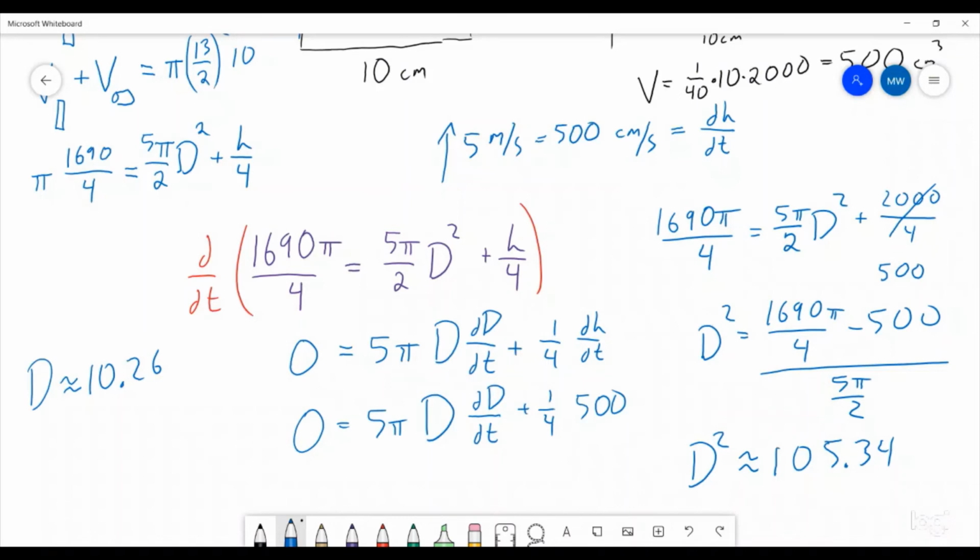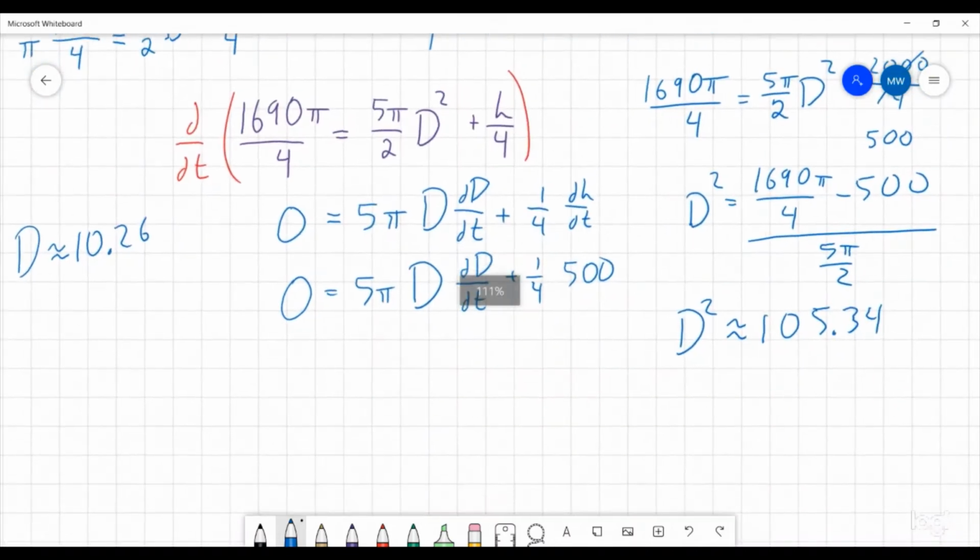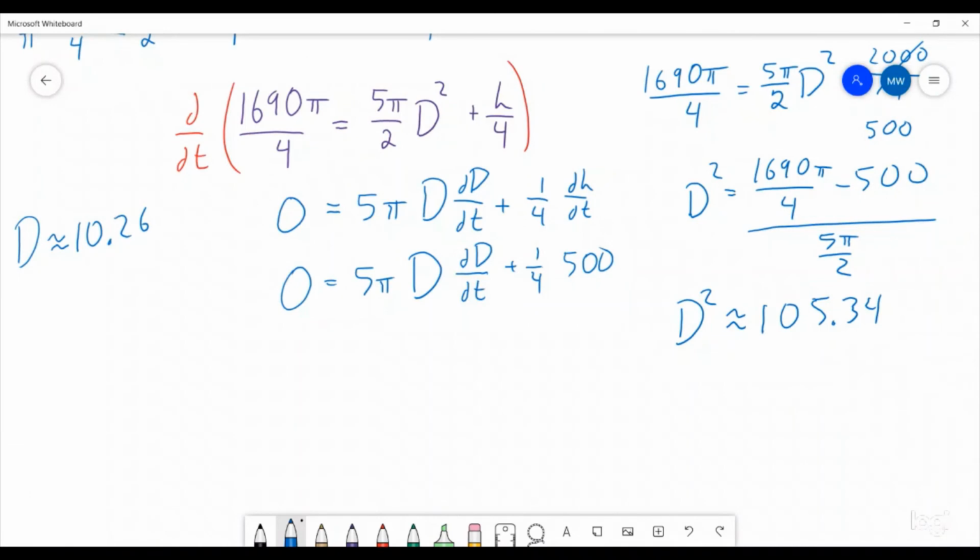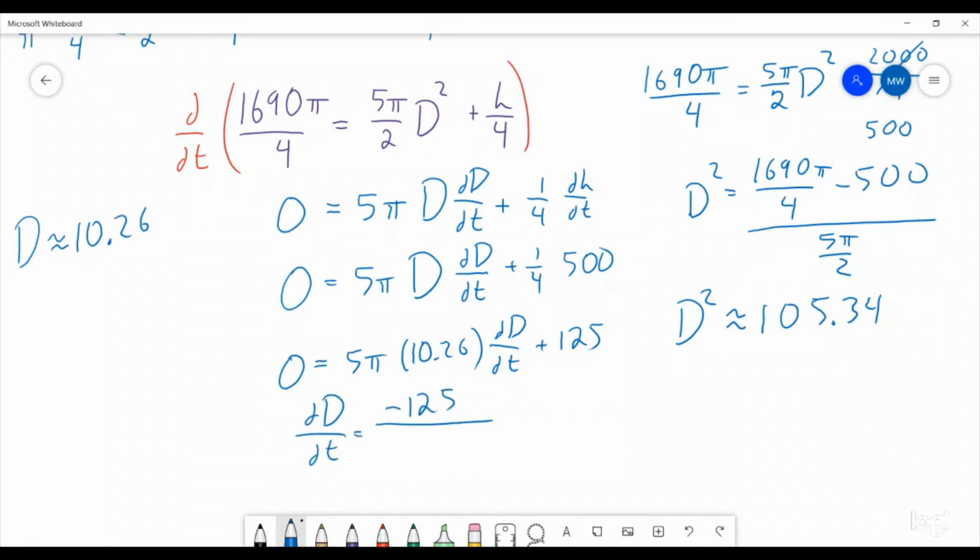So we can take that and plug it in, and we can solve for what dD/dt is. So 0 is equal to 5 pi times 10.26 dD/dt plus 1/4 of 500. So that's 125. So that means that dD/dt is equal to minus 125 over 5 pi times 10.26.